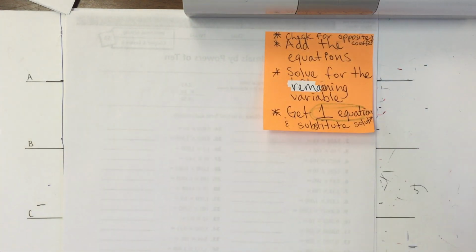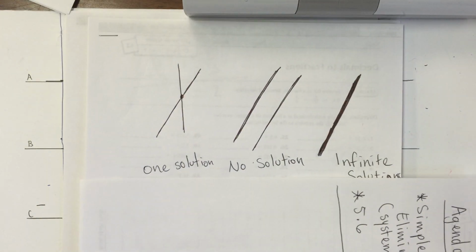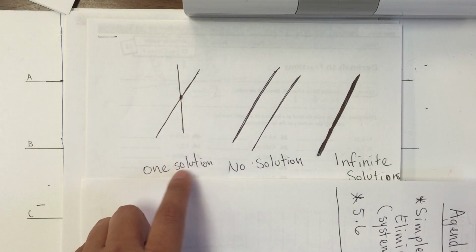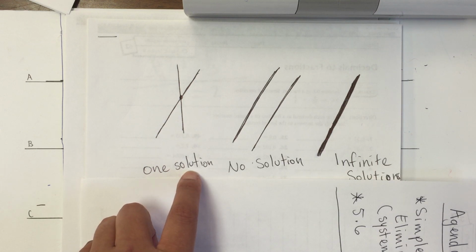In the previous lesson, remember that we learned to find the solutions of a system of equations by graphing. It meant we would find if two lines cross or meet at one point, which is one solution.